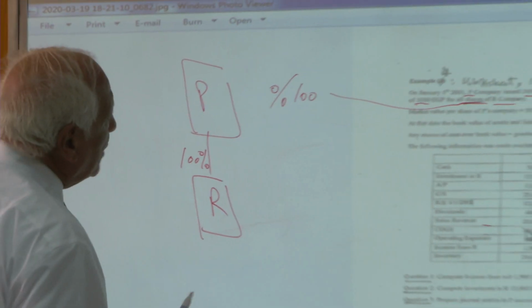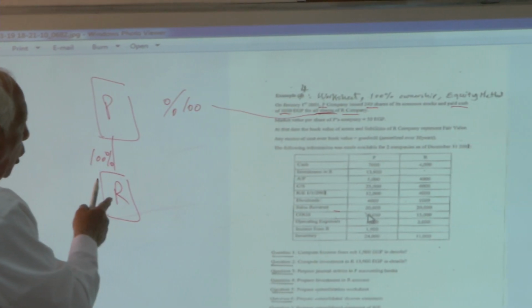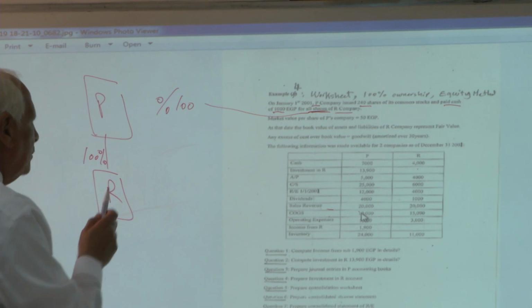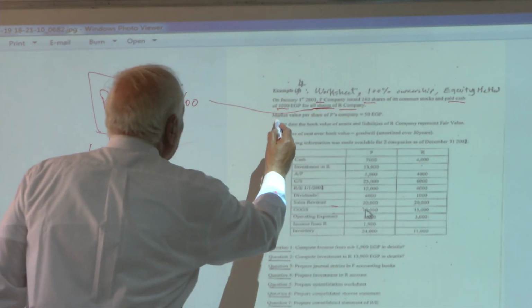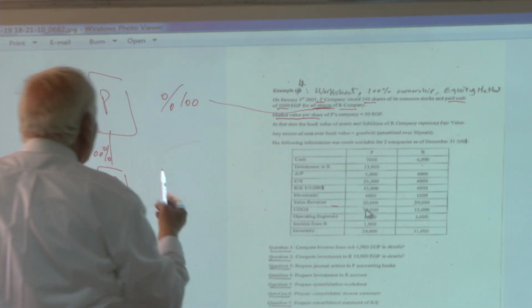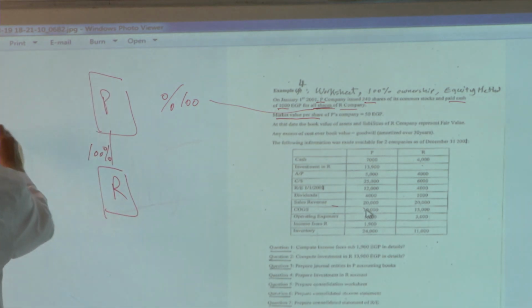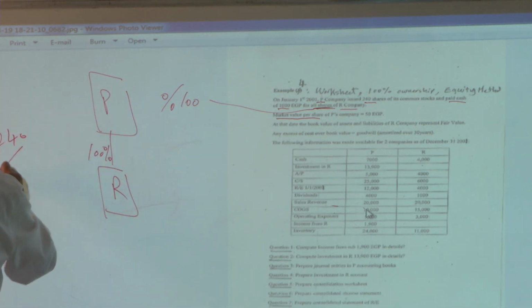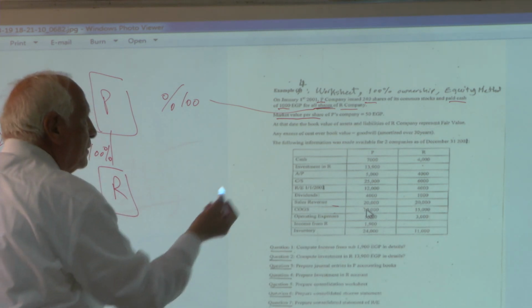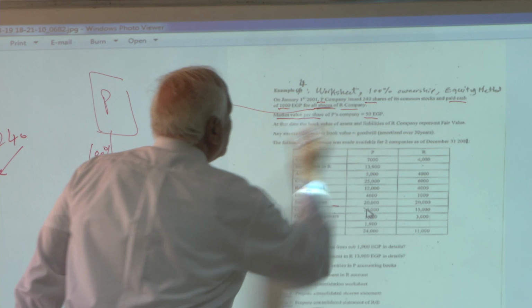The other information, information number 1, example 4, page 18: market value per share. Look at this one here. Company B issued 240 shares. The market value per share, how much is it? It's given: 50 Egyptian pound.